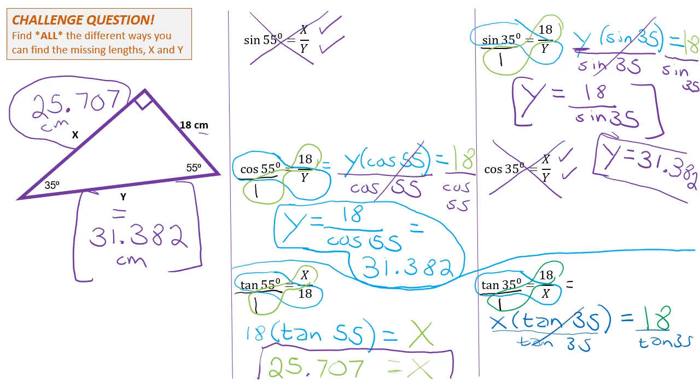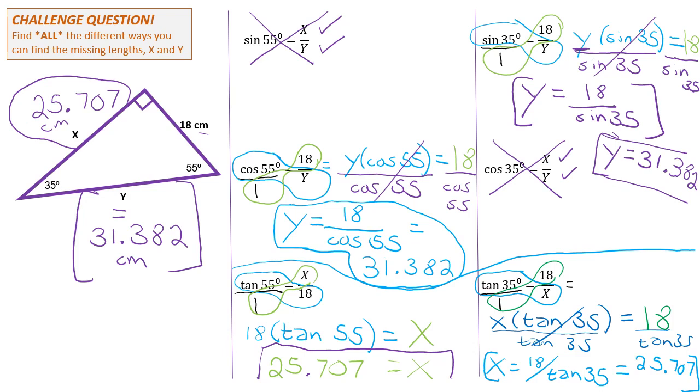That goes away, leaving us with x equals 18 over the tangent of 35. And if you type that into your calculator, 18 divided by the tangent of 35, check that out, we got the same answer, 25.707, which is exactly what we expected.